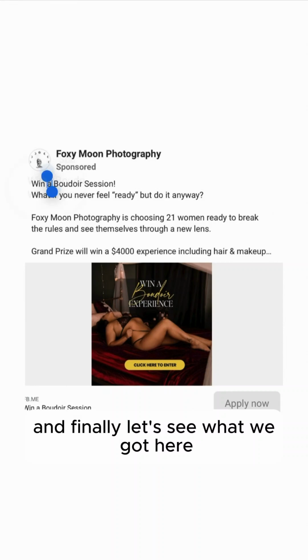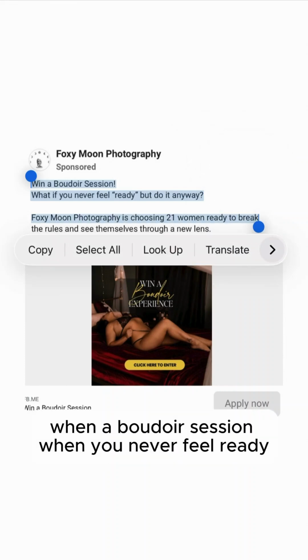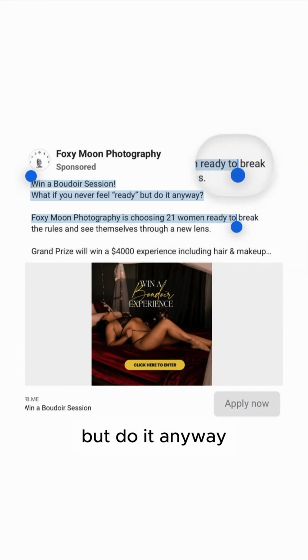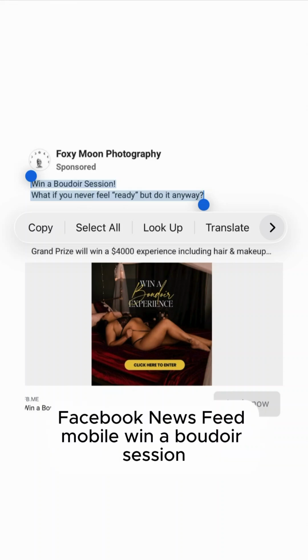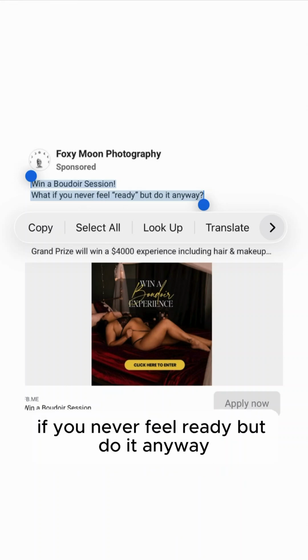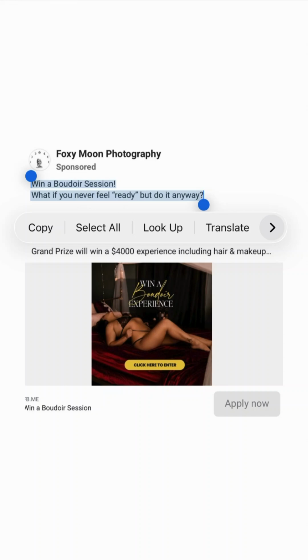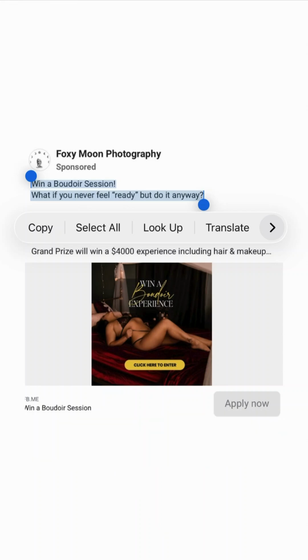And finally, let's see what we got here. In a Boudoir session when you never feel ready, but do it anyway. So, looking at the See More headline here, first 2 3/4 lines, Facebook newsfeed mobile. When a Boudoir session, or if you never feel ready, but do it anyway. All right, yeah, lack of context mistake here. Most common thing that I'm seeing the most of.